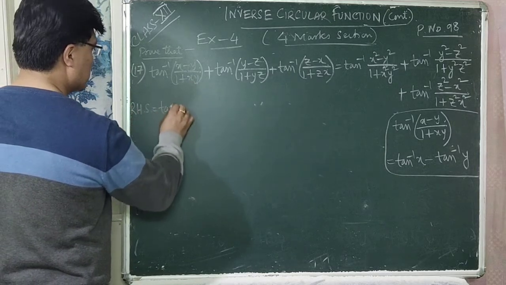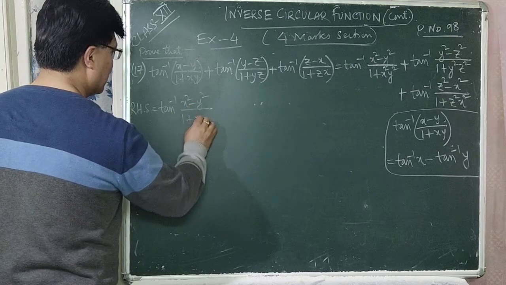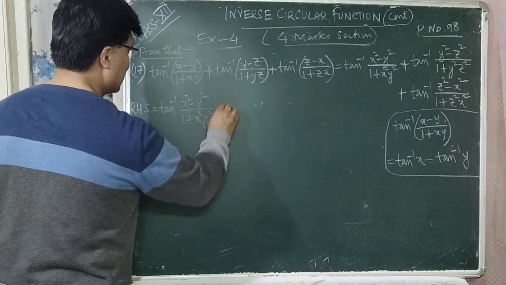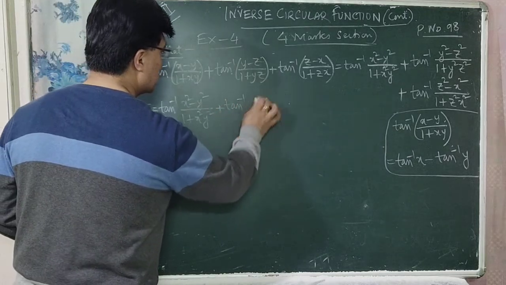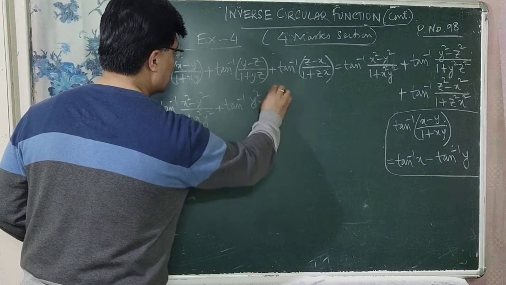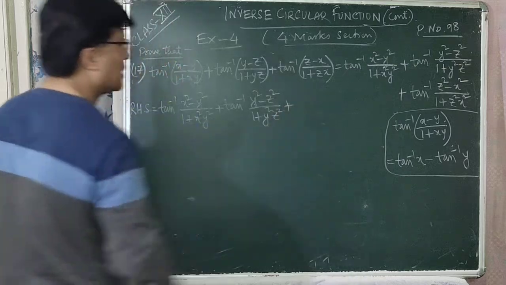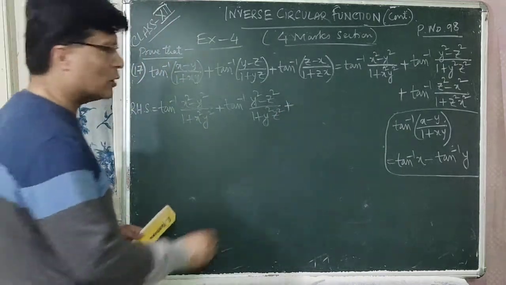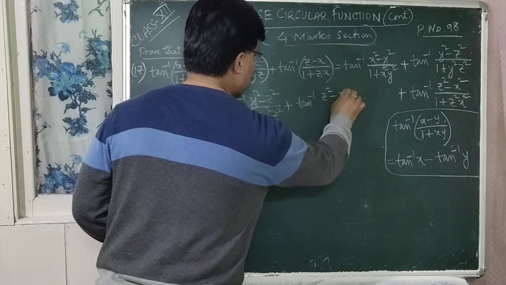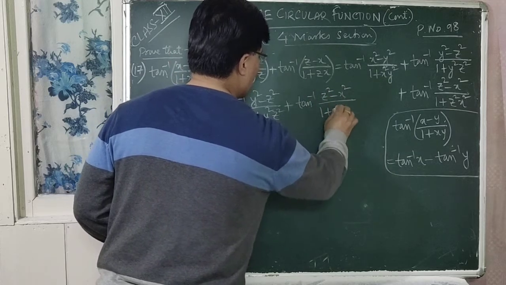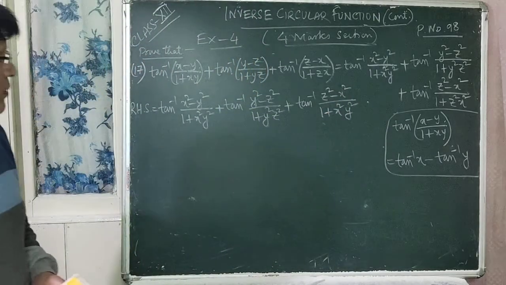Tan inverse (x square minus y square) upon (1 plus x square y square) plus, next, what is the second term here? Tan inverse (y square minus z square) upon (1 plus y square z square) plus, what is the third term out here? It is tan inverse (z square minus x square) upon (1 plus z square x square), right?